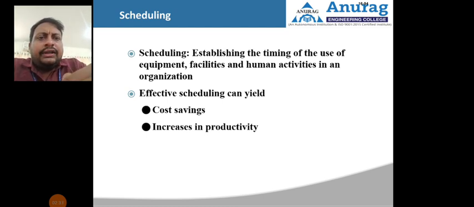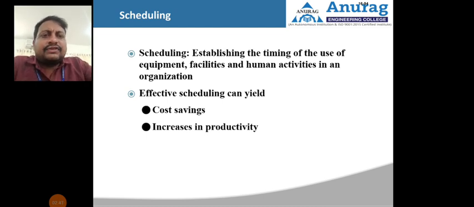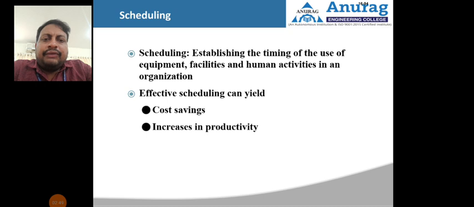Now in scheduling, we are looking at maximum utilization of the resources: when we will start the work and when we will complete the work. Scheduling relates to the timetables, establishing the timing of the use of equipment, facilities, and human activities in the organization.